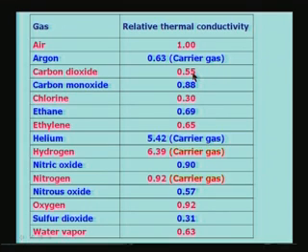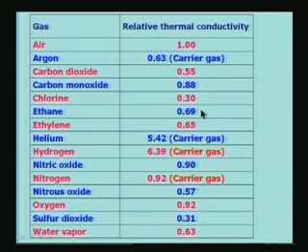Carbon monoxide has a higher thermal conductivity, 0.88, so it is closer to air than carbon dioxide. Because these two have different thermal conductivities, I can distinguish carbon dioxide and carbon monoxide if I have a detector which will detect the difference between the thermal conductivities. That is the basic idea.